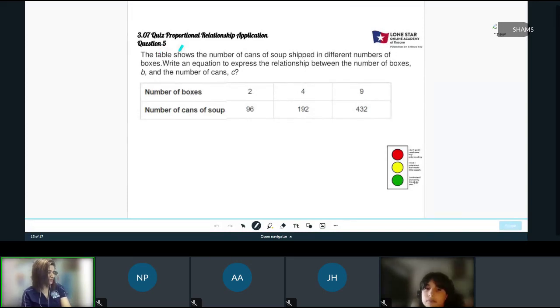Question 5 says, the table shows the number of cans of soup shipped in different numbers of boxes. And the question is asking you to write an equation. They gave you 4 equations. It is a multiple choice. So write an equation to express the relationship between the number of boxes B and the number of cans C.